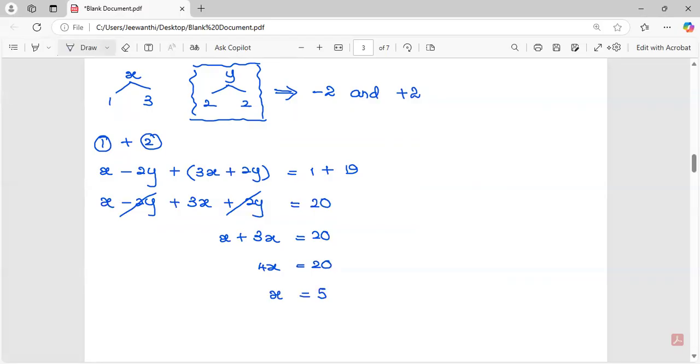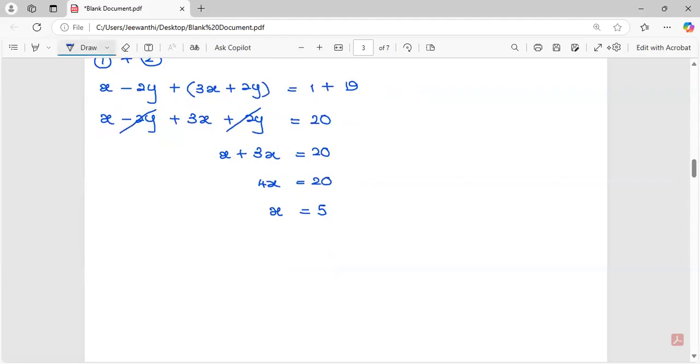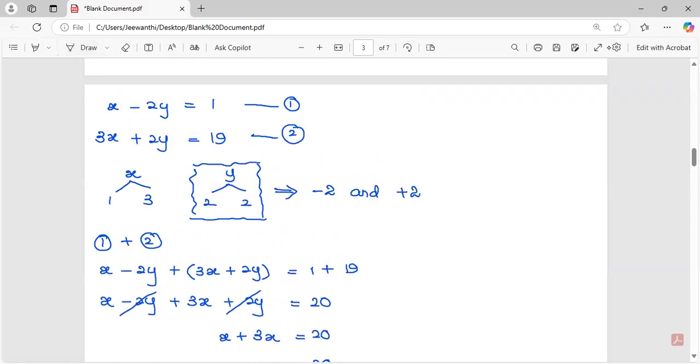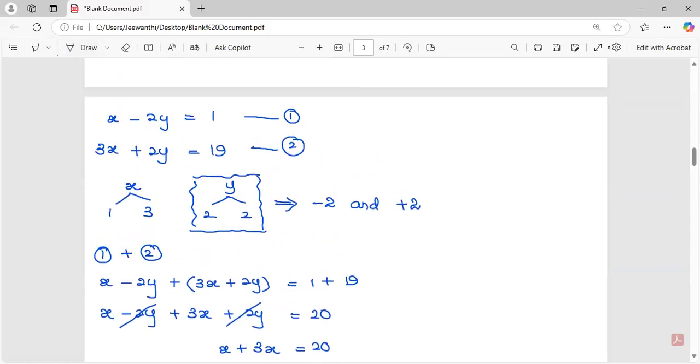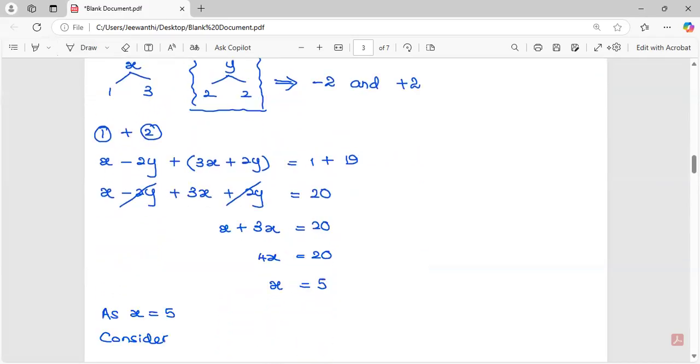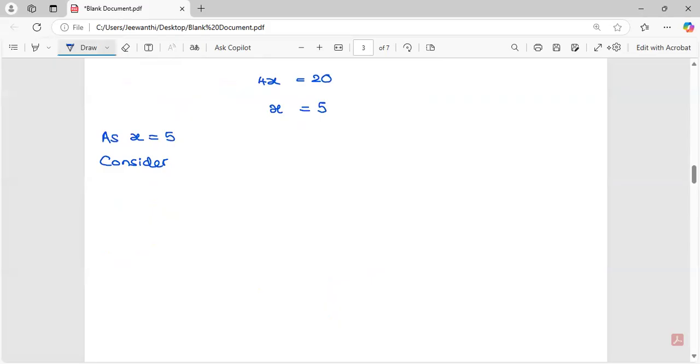After finding the x value, how are we going to find the next one? We write x is equal to 5 and we consider one of the equations. Here, we can decide anything. I'll move to equation 1, x minus 2y equal to 1.